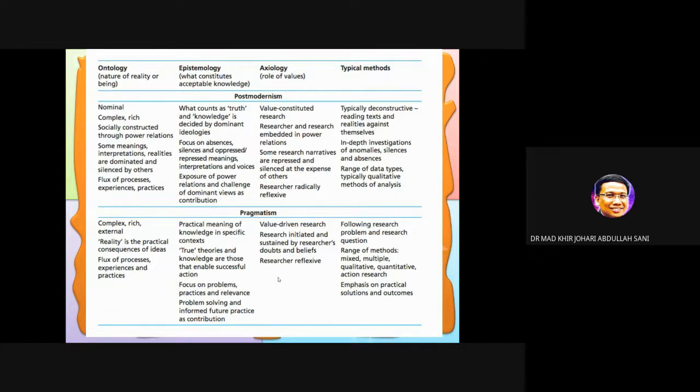They carry the same characteristics and the same points that a researcher can follow. Let's say I want to choose pragmatism, and then the panel asks me, why don't you choose postmodernism? Actually, it's the same thing, because some scholars and researchers believe that postmodernism and pragmatism can go together and have similar characteristics.